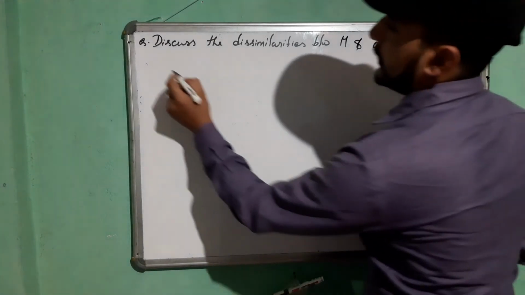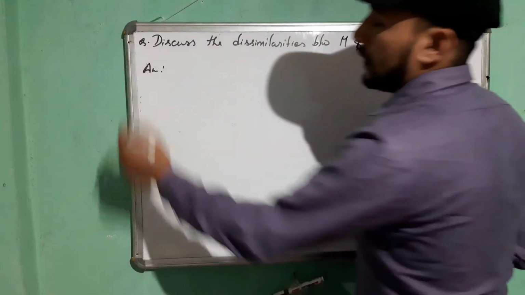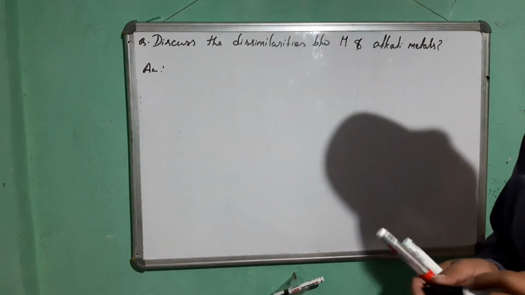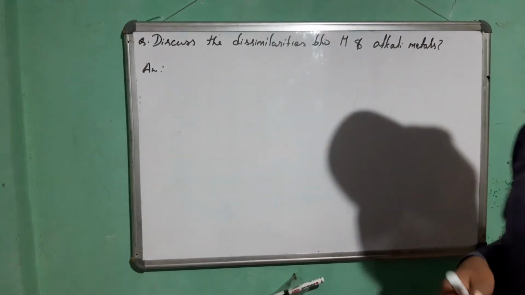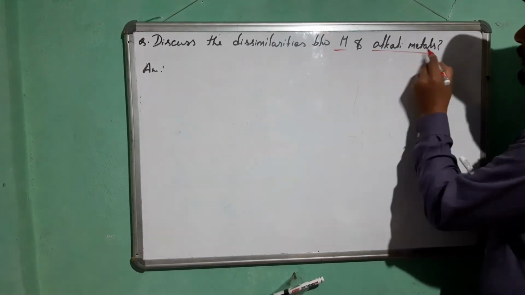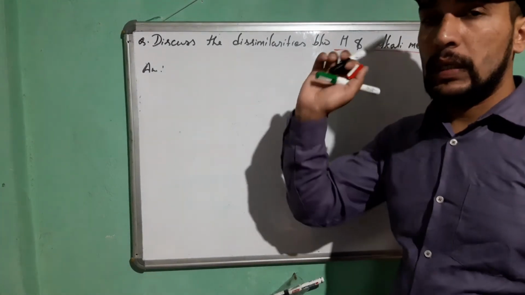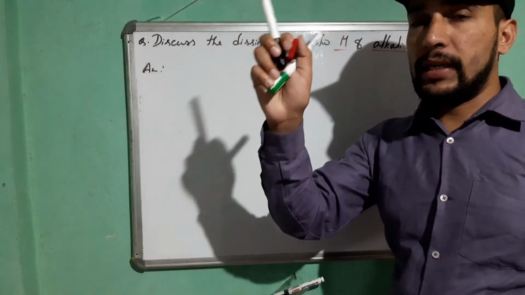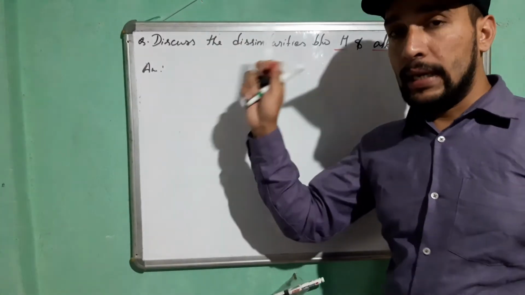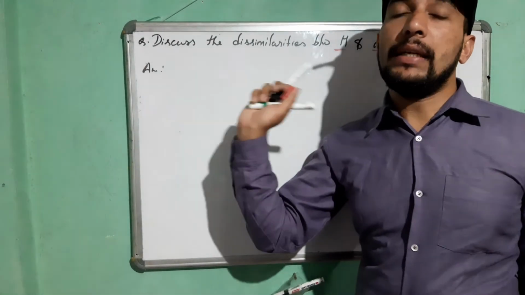What are the dissimilarities between hydrogen and alkali metals? You can mix up the points of the similarities between hydrogen and alkali metals, and similarities between hydrogen and halogens.